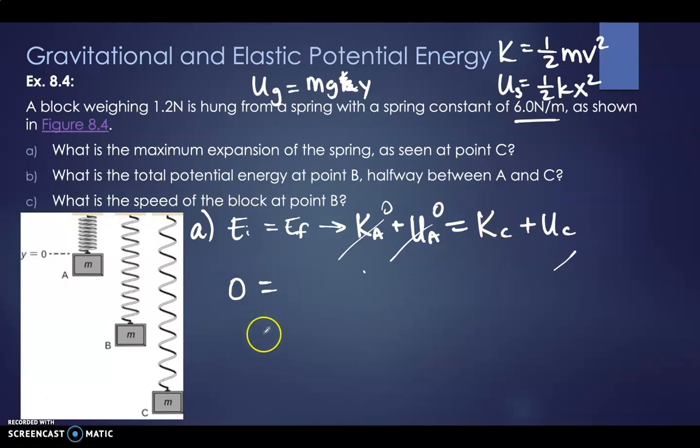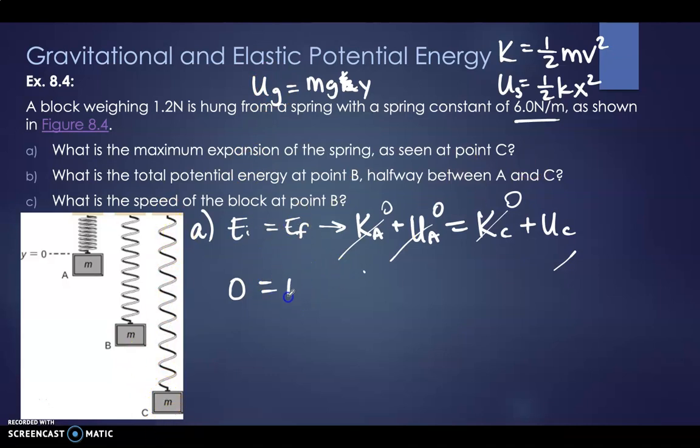Okay, so now for this equation, we have 0 equals. Let's look at our kinetic energy at the end here at point C. This is also going to be 0 since it's not in motion. Our potential energy, let's look at gravitational. This does have some height, but we don't know what it is.